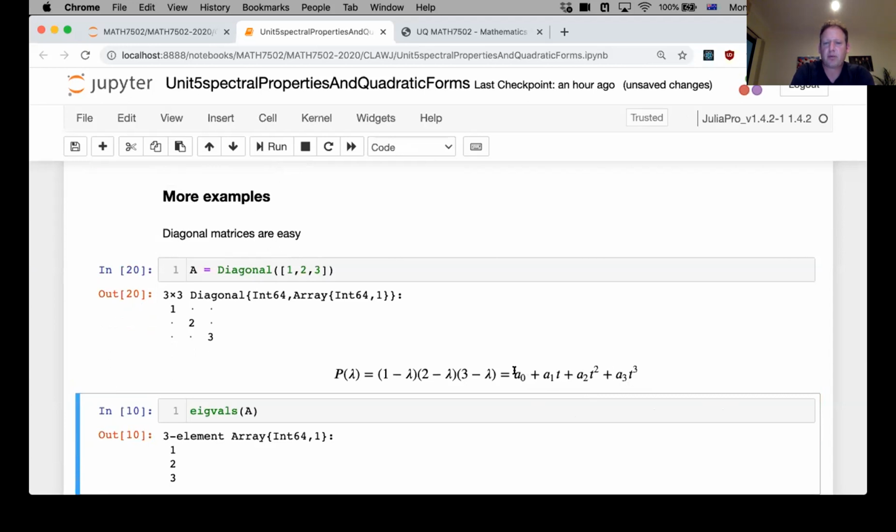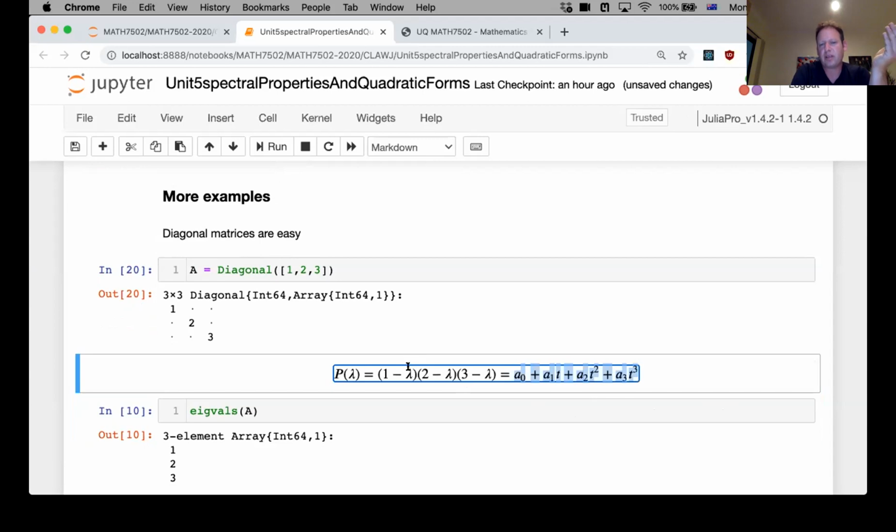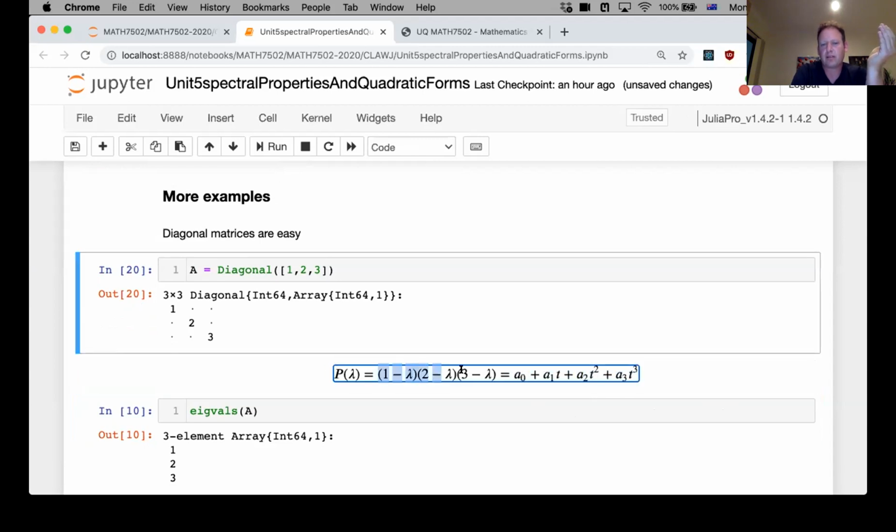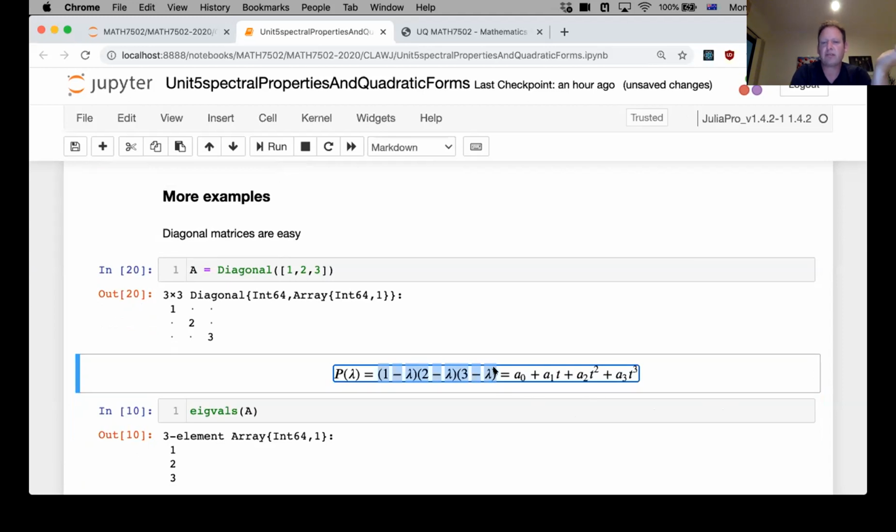To get the a's, you need to expand, or you can represent the polynomial like this, in factored form. Which representation do you like more, the left one or the right one? Which one gives you more information?